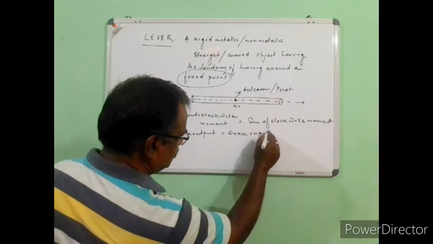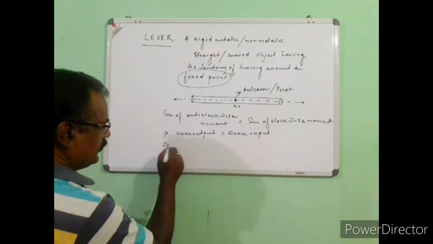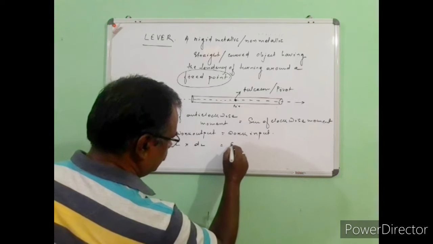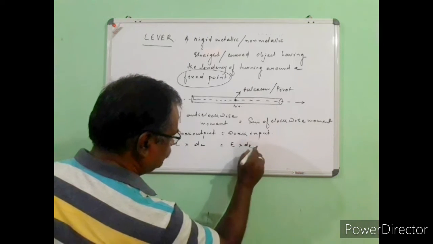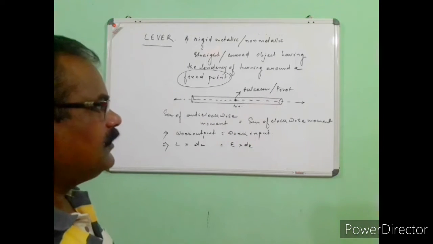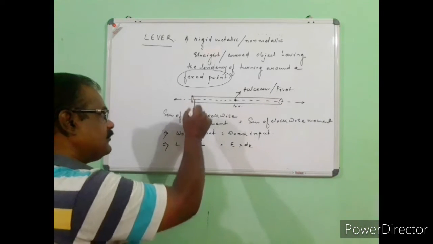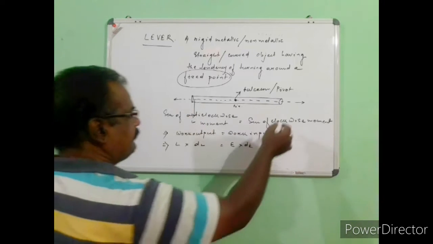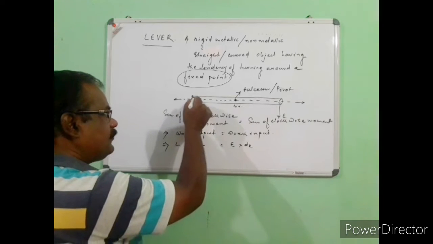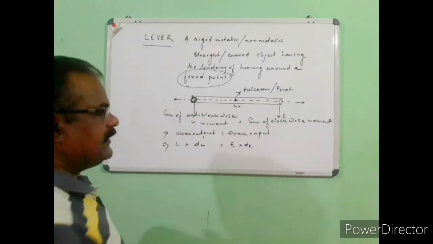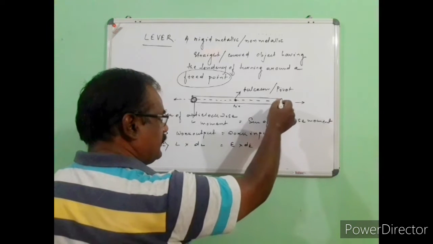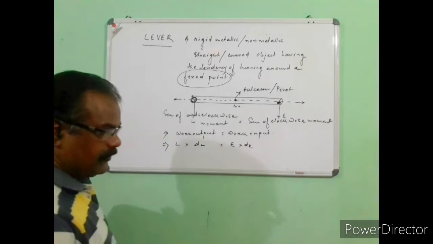or in such cases we can say that load into displacement due to load should be equal to effort into displacement due to effort. Since this is the fulcrum point, somewhere else the load may be applied and the effort may be applied somewhere else. The point where the load acts is called the load point, and the point where the effort acts is called the effort point.